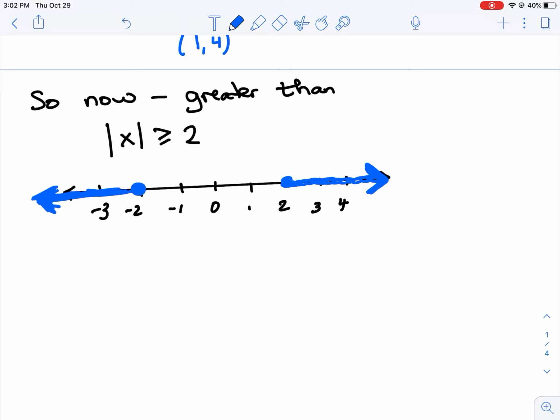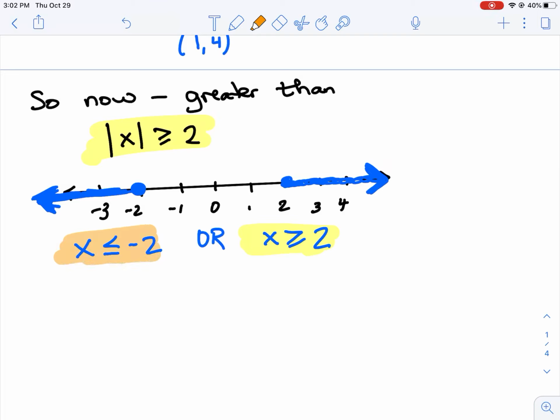So I'm like, oh, that's an or statement, right? So this is x is less than or equal to negative 2, or x is greater than or equal to positive 2. Notice that this is this without the absolute value. So just like with the less than, we had that. And then the one over here, I'll change colors because I can.